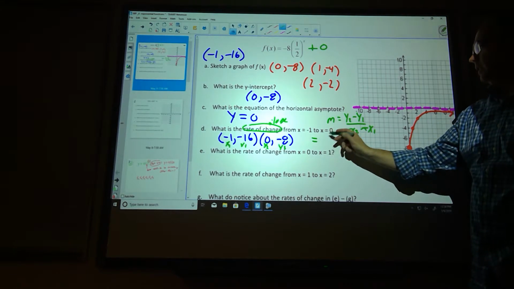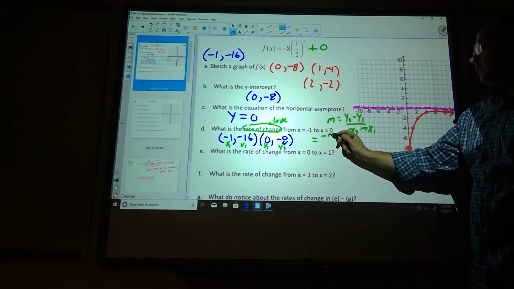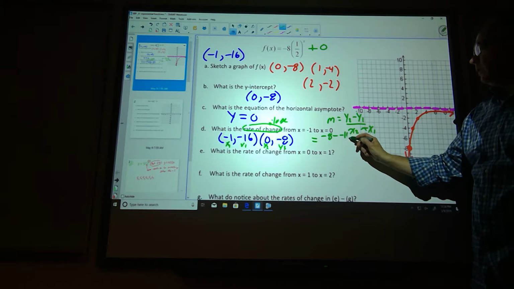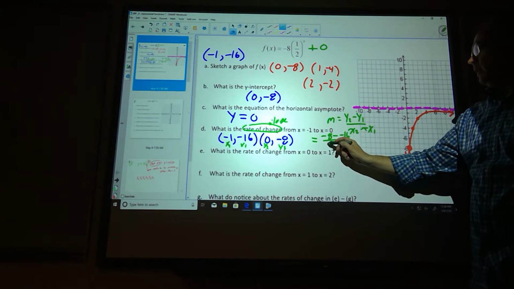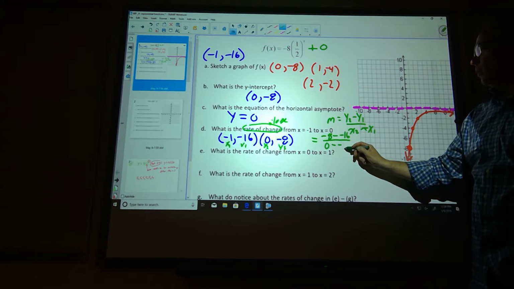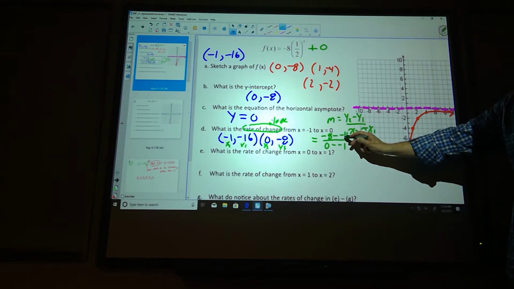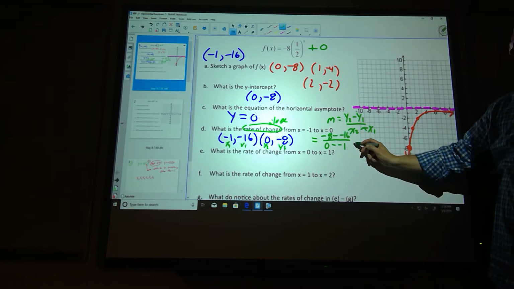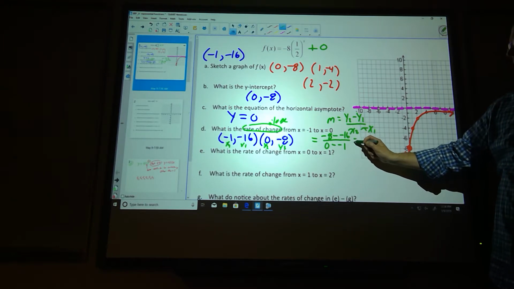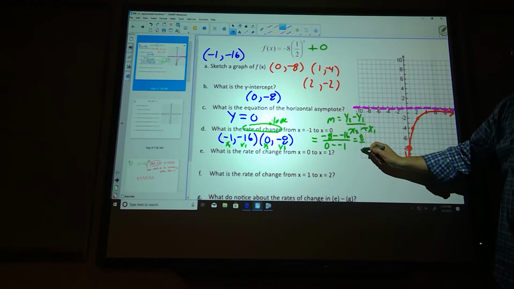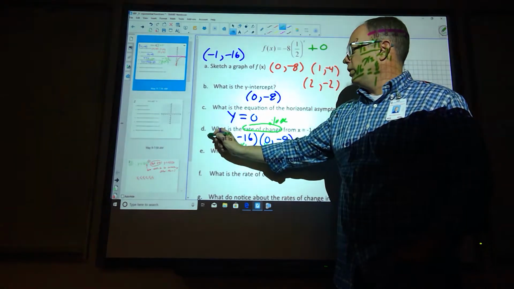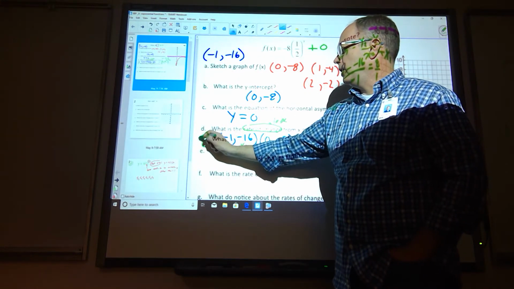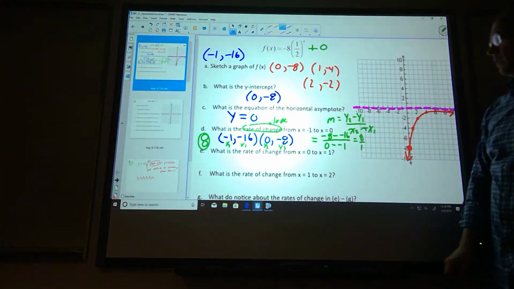I'm going to get -8 minus -16, and then 0 minus -1. That negative becomes plus. So what's -8 plus 16? 8. And then 8 over 1. So my rate of change on this one is 8.